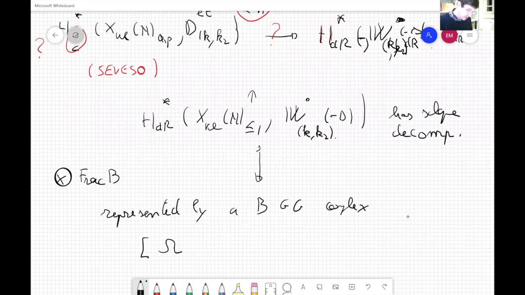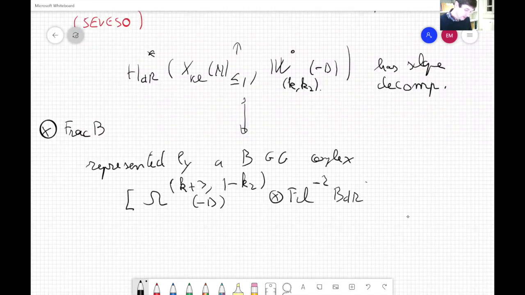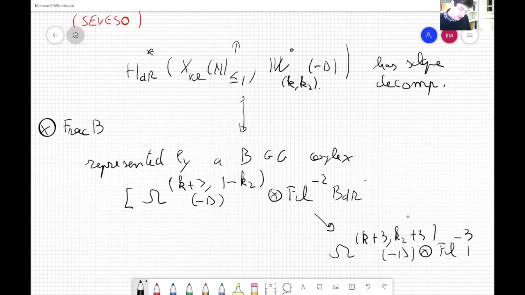And then if you tensor also with B de Rham, you can sort of make sense of this. It's the following: omega^(K+3, 1−K2−d) tensor B de Rham, mapping to omega^(K+3, K2+3) tensor B de Rham of root 10.